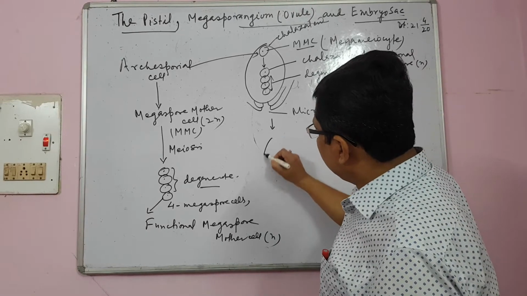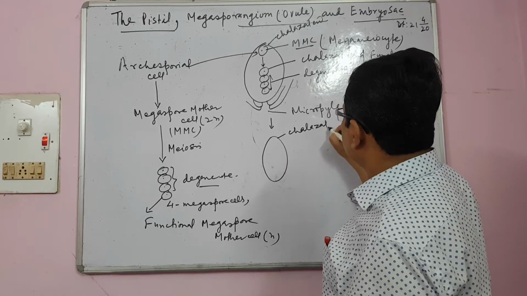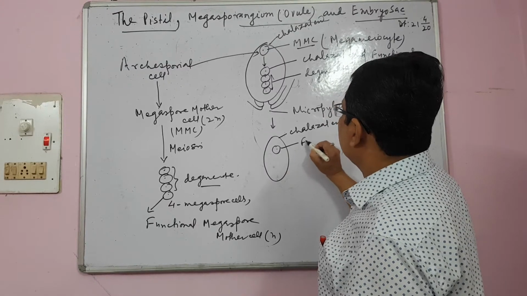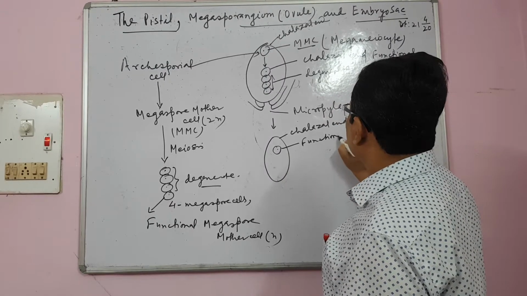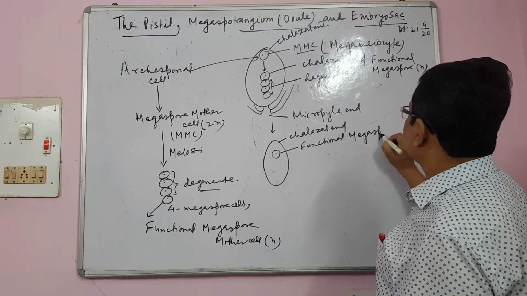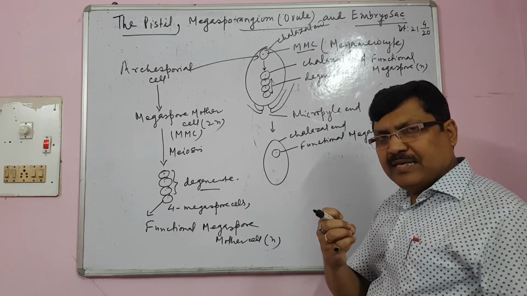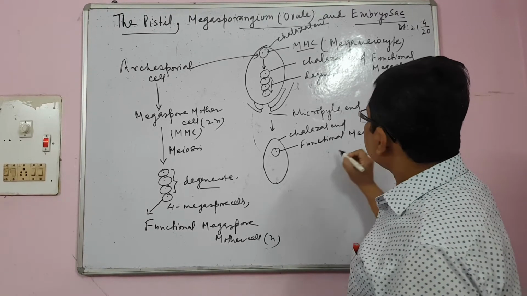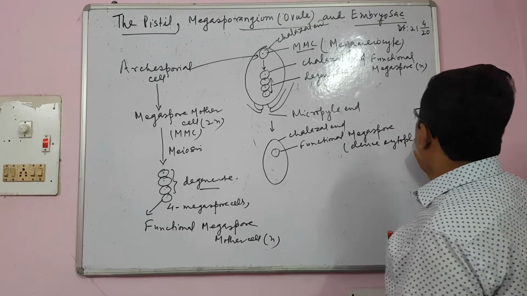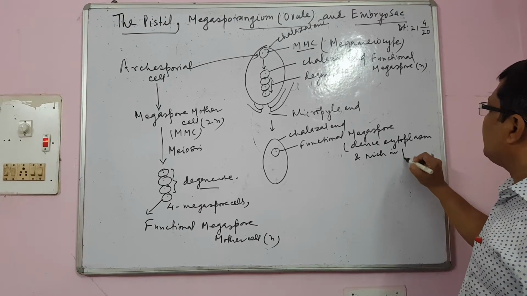Now let's assume this is the chalazal end, and this one is the functional megaspore, which is potent, having dense cytoplasm and rich in protein.